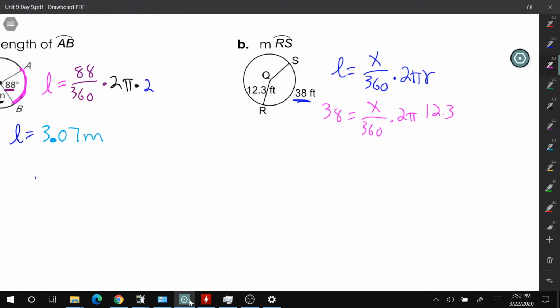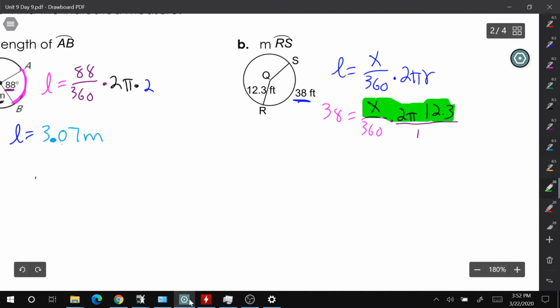Now what we can do to solve this a little bit faster is remember that this is really over 1. And when we multiply fractions, we can multiply straight across. So I'm going to multiply the whole top together.